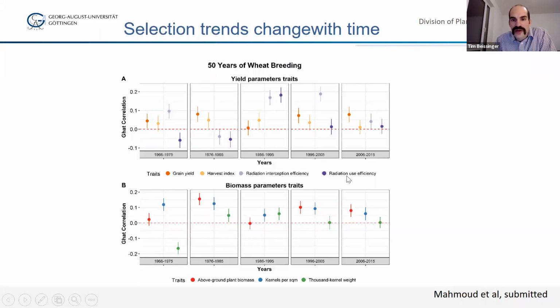So radiation-related traits from 1986 to 95 were huge for wheat breeders, even though generally they weren't paying too much attention to them. And I don't know enough of the history of wheat breeding to know why that might be. These things can sometimes be driven by one particular breeder who released a lot of lines and had a particular selection protocol that paid attention to radiation use efficiency.